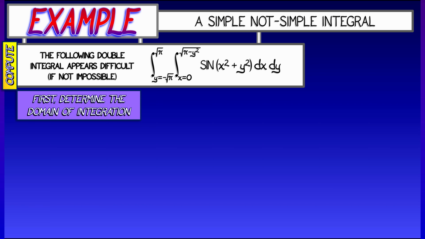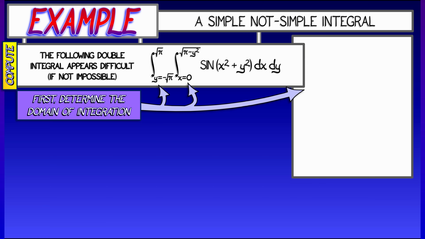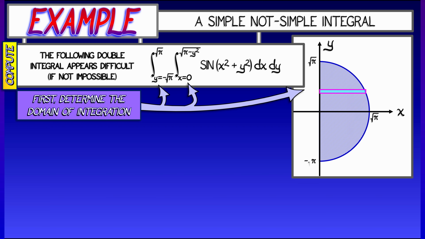The first thing to do is to consider the domain of integration. Look at those limits of integration and see what shape this corresponds to. Well, if x goes from 0 to root pi minus y squared, then it's sweeping from left to right. And that upper limit, root pi minus y squared, comes from the equation x squared plus y squared equals pi.